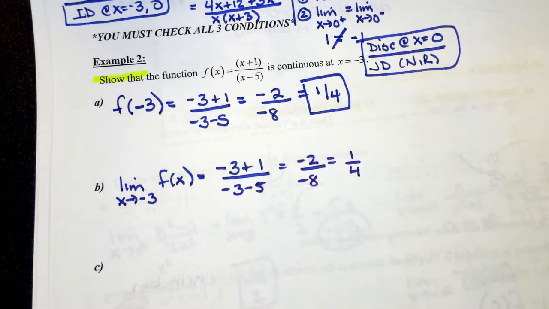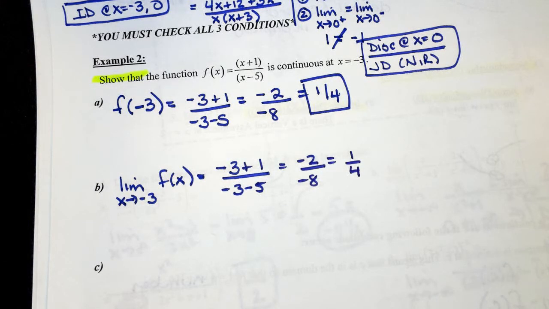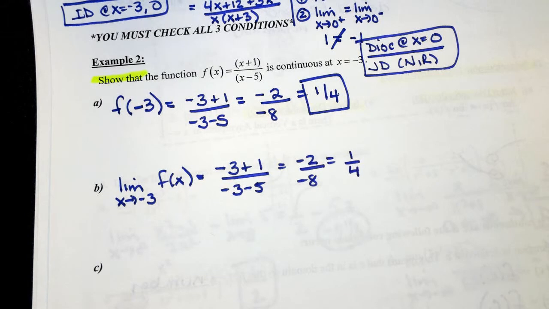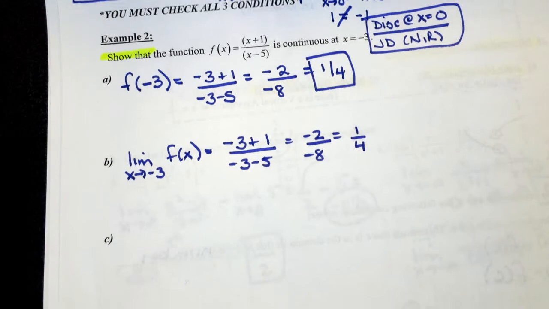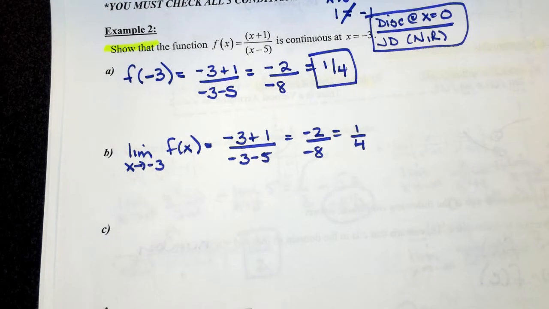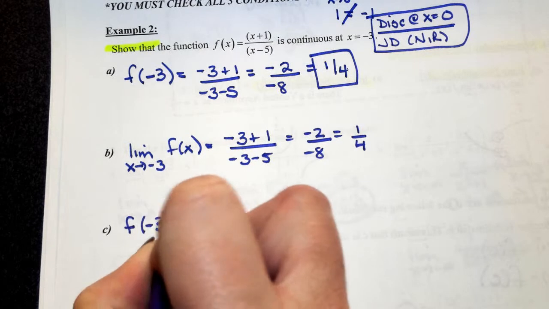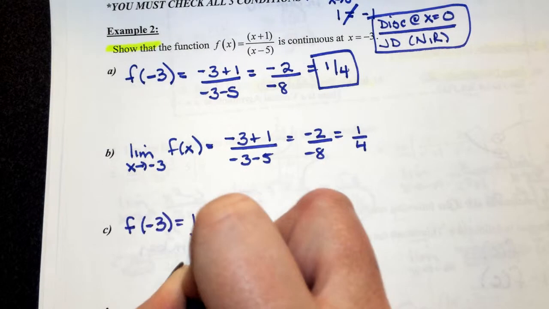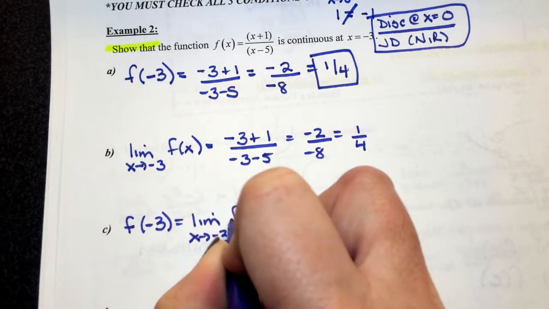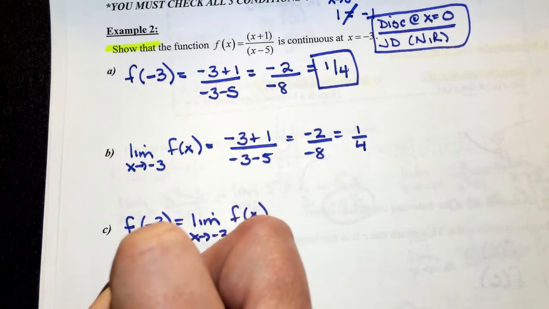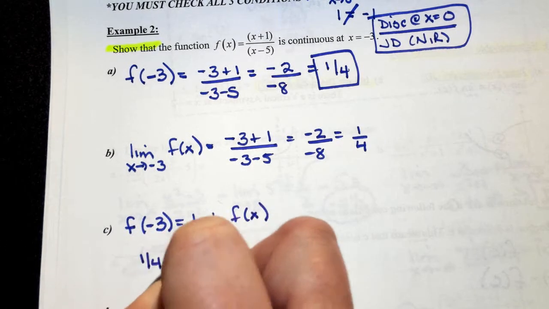And again, since I'm telling you that it's continuous at -3, you better end up with the same number. And then finally, for part C, f of -3 has to be equal to the limit as x approaches -3. Which again, we know that 1/4 is equal to 1/4.